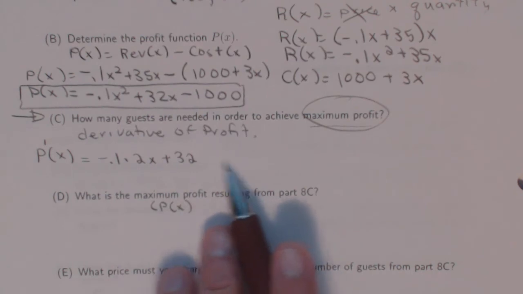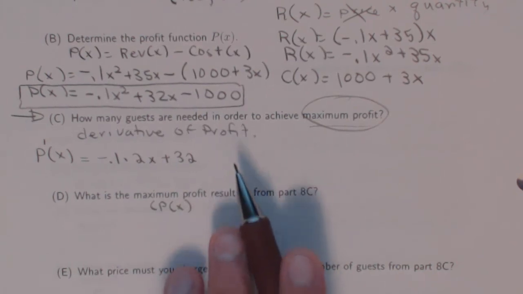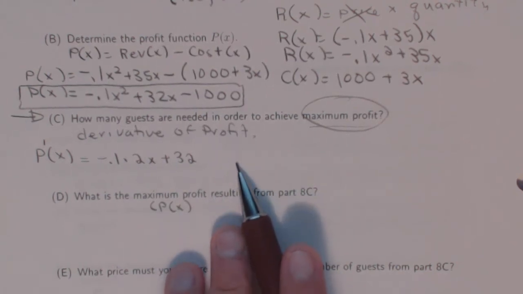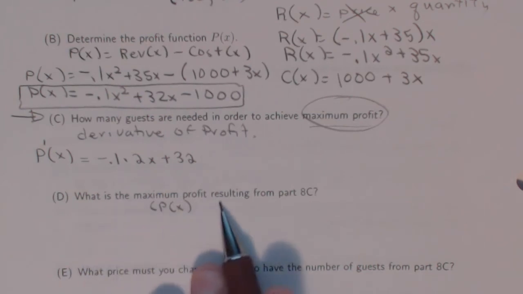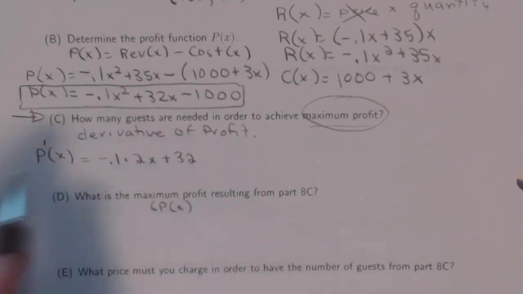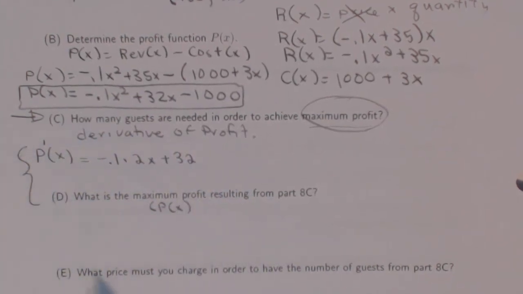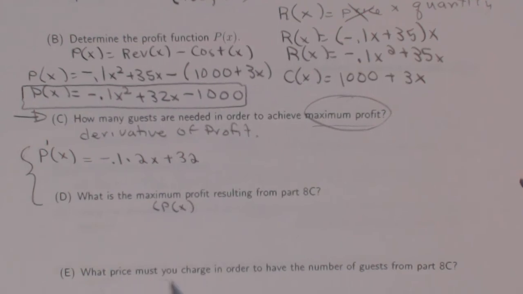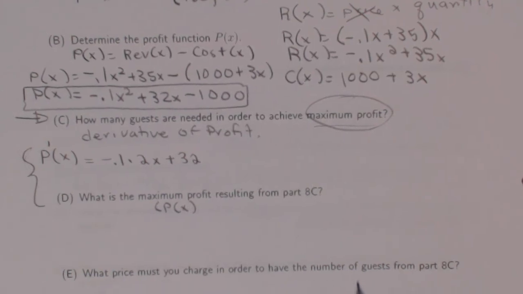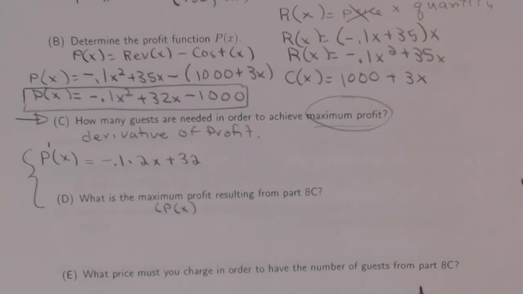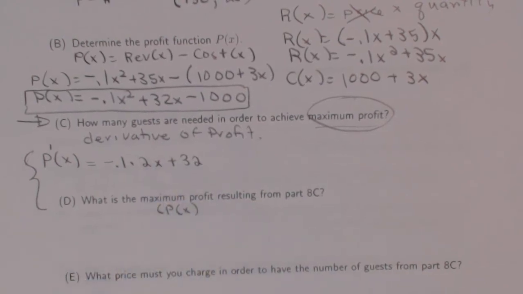So we could set that equal to 0 algebraically and find the maximum. I'm going to use Excel to do it. So what is the maximum profit and how many guests are needed? We'll enter those two together. What price must you charge in order to have the number of guests from part 8C? We'll answer the rest of these with Excel.